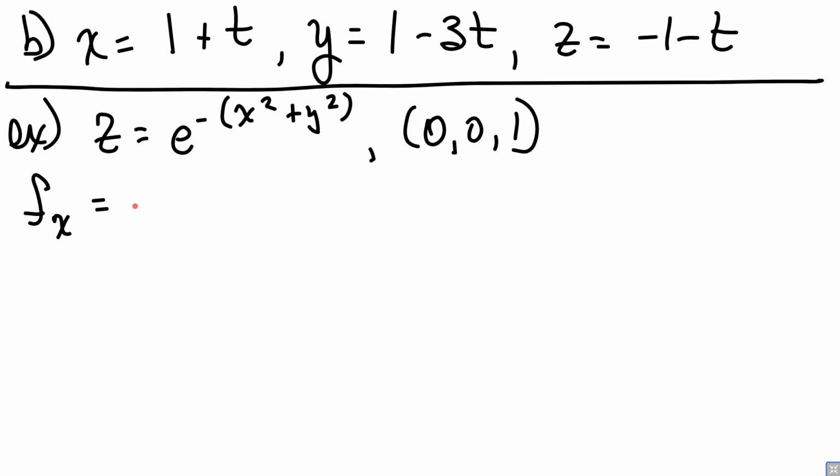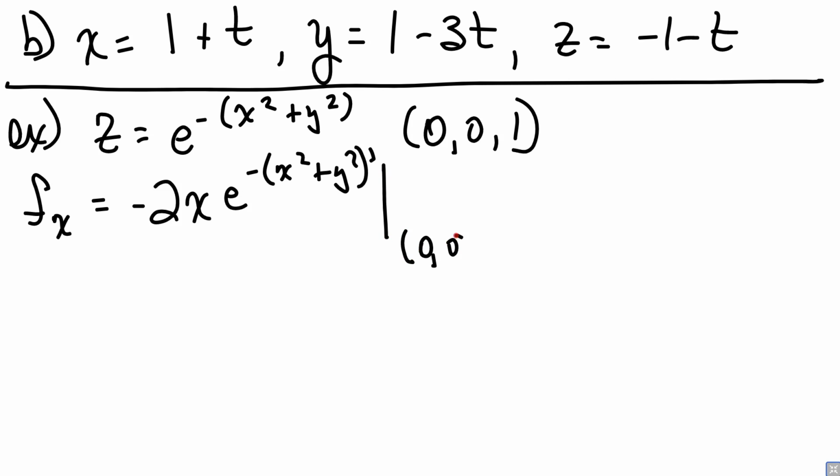Negative 2x e to the power negative x squared plus y squared. Okay, so that will be that partial. Now, if we evaluate it at 0, 0, what will we get? 0. Okay, we're going to get 0.